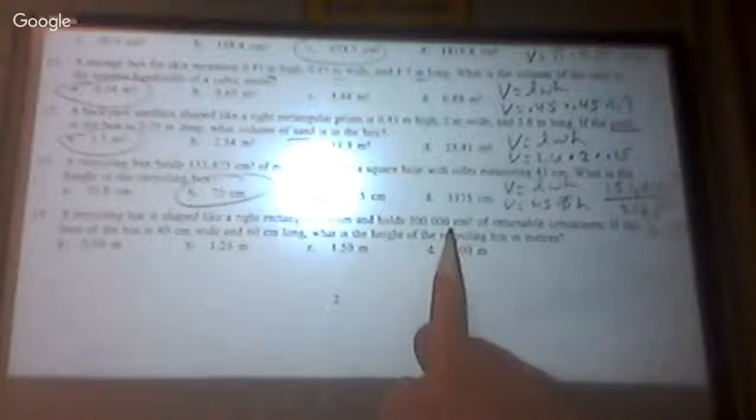And the last one, number 14. A recycling bin is shaped like a rectangular prism and holds 300,000 cubic centimeters of returnable containers. If the base of the bin is 40 and 60 long, what's the height? So volume equals LWH. So 300,000 equals 40 times 60 times H. So we divide by 2,400 on both sides. Those cancel.